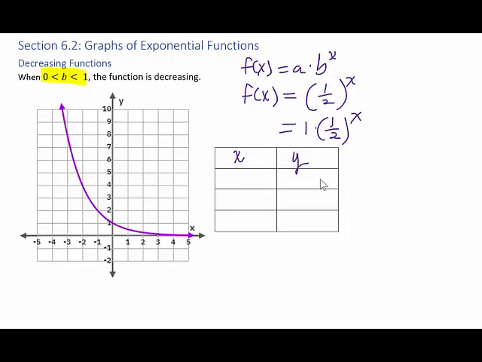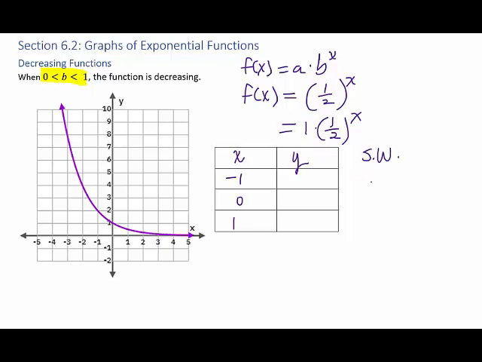So what are some points on this exponential function? Why don't we select a few x's like -1, 0, and 1, and we're going to just substitute each x into this function. So here's my scratch work.